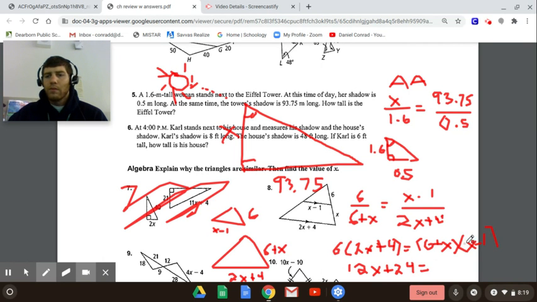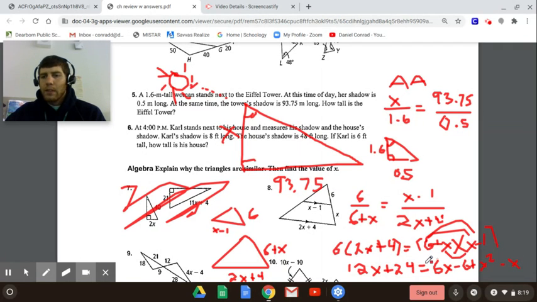Right here, you're going to have to FOIL out: first, outer, inner, last. So 6 times x is 6x. 6 times negative 1 is minus 6. x times x is x squared. And then x times negative 1 is minus x.